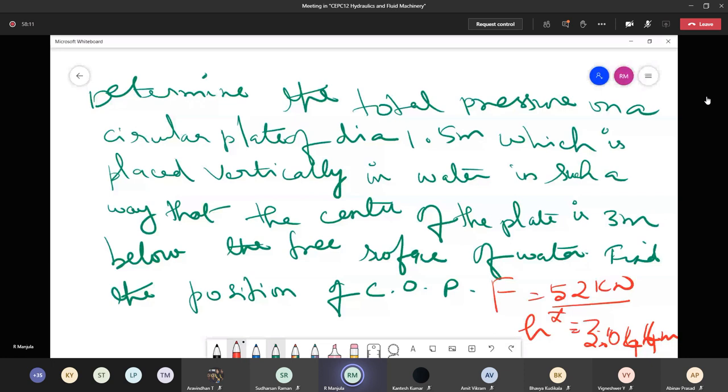And I need your comments. Am I too fast or slow or anything, any modification you require? You please tell me. Sudarshan or Tilak.